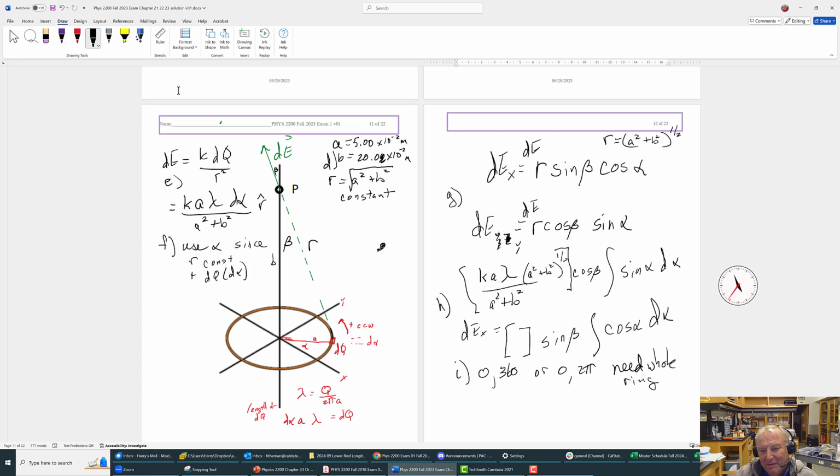And at the end of the day, they cancel each other because of the symmetry arguments. So what I did wrong here, though, is that this is also sine of beta.